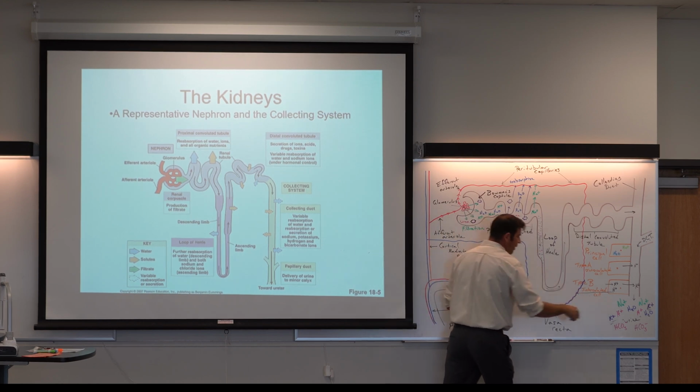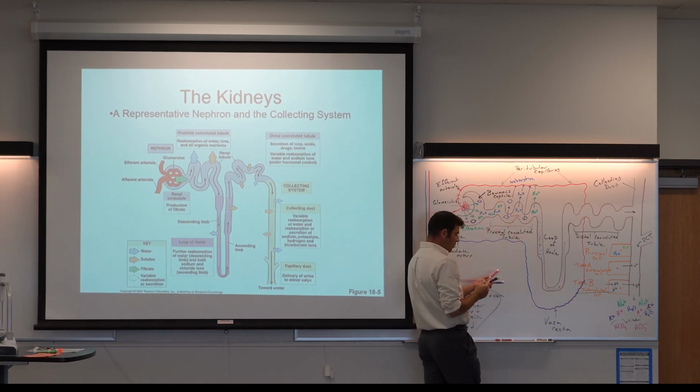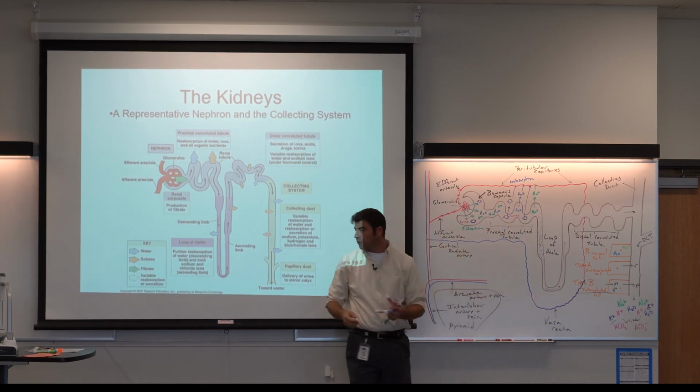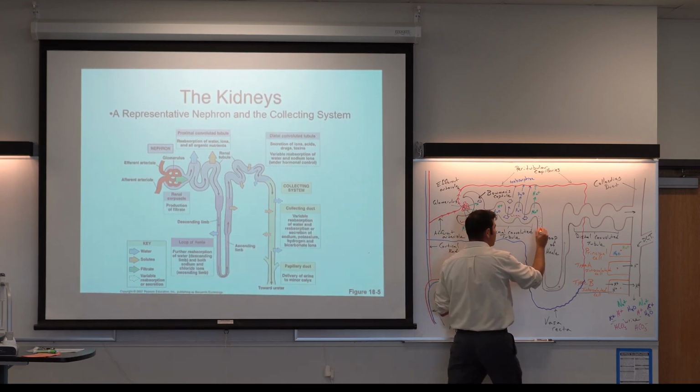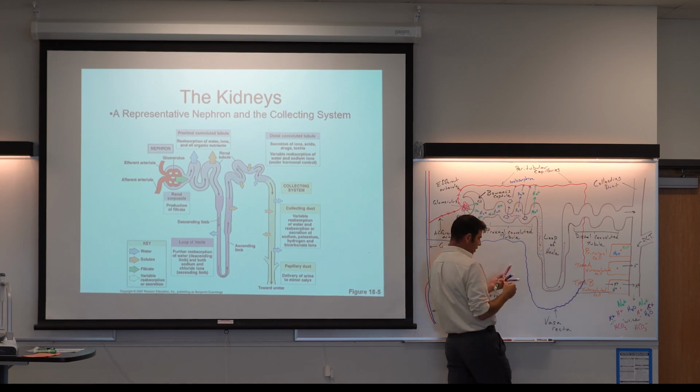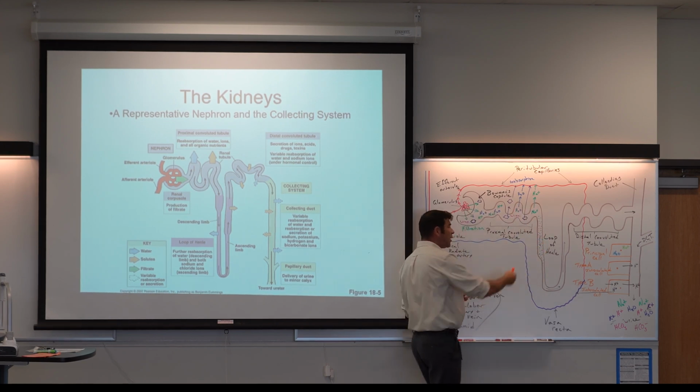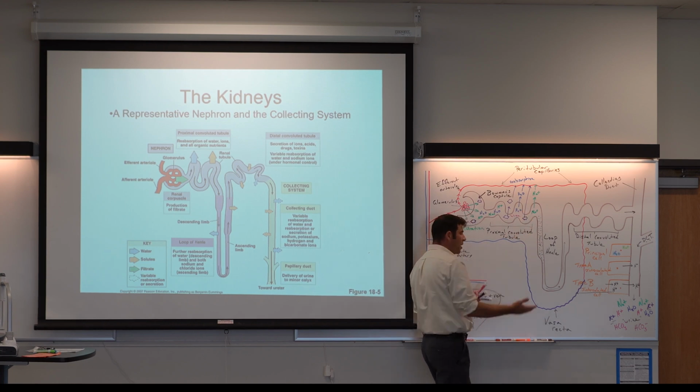Some of it's going to end up down there in the urine, so we have that moving down the tube. And then I'll use an orange color to represent the waste, the urea, that's also not reabsorbed by the proximal convoluted tubule. So we've got all this filtrate, some water, some ions, some waste that didn't get reclaimed in the proximal convoluted tubule. It's going to make its way down this loop of Henle.